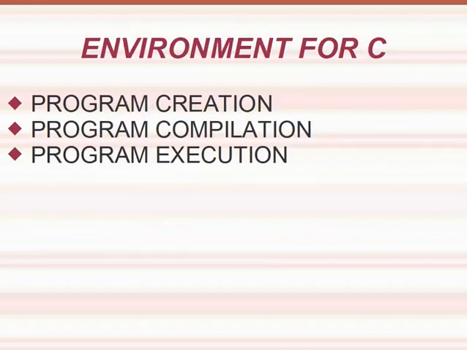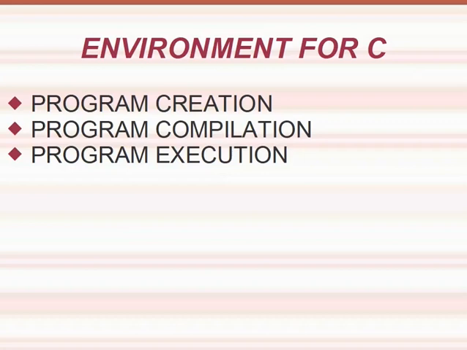Environment for C. In the environment of C, you are going to deal with three things: program creation, program compilation, and program execution. In program creation, you create your program code with your logic: what you are going to do with the input and how you are going to give the output. In program compilation, the program you have written will be compiled, checked by the computer whether what you have written is correct or not.